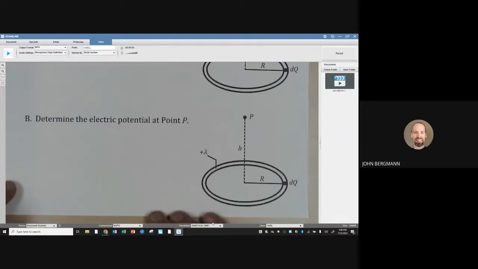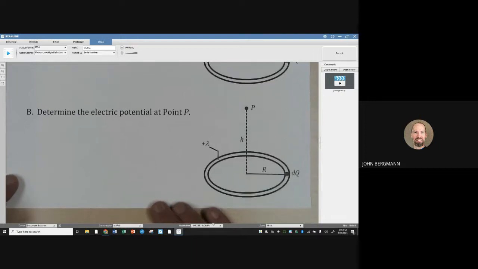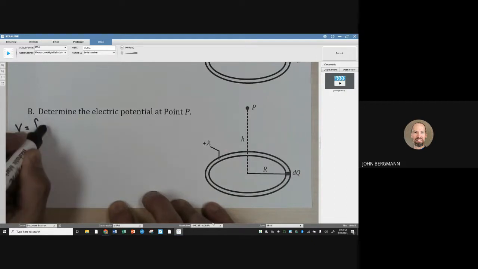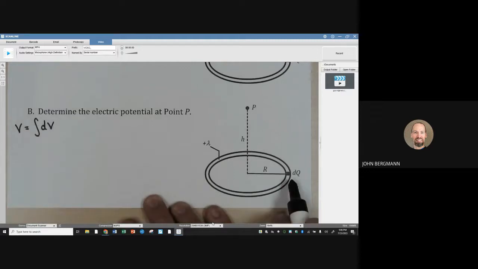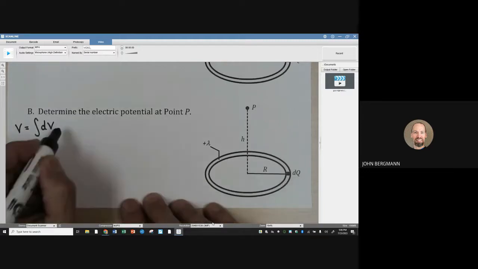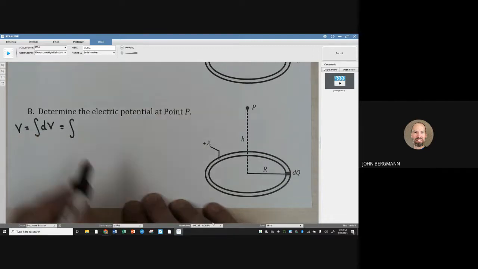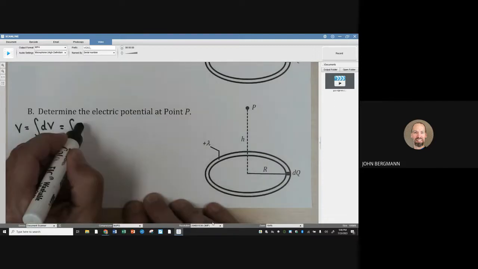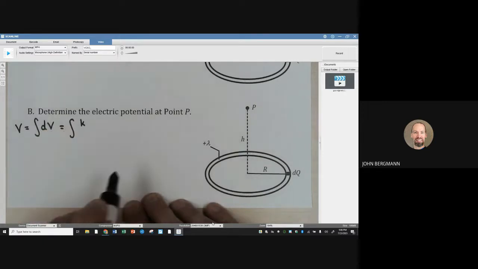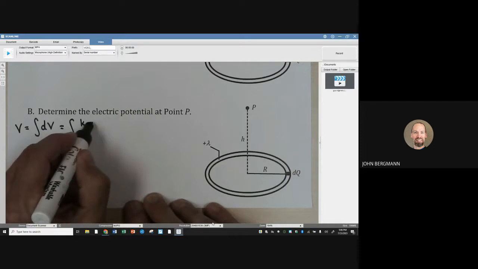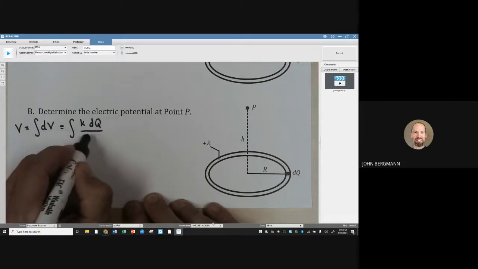So now let's determine the electric potential here at point P. To find the total potential, we want to add up all of the little potentials due to all the dq's that go around this loop. In general, a potential due to a point charge is given by kq over r. So a dV is going to be k dq divided by r.